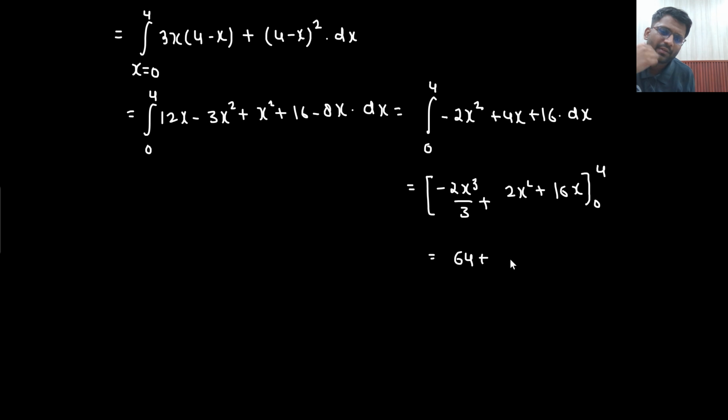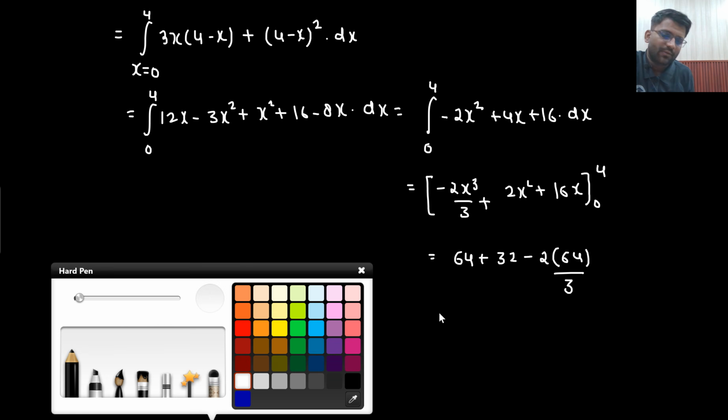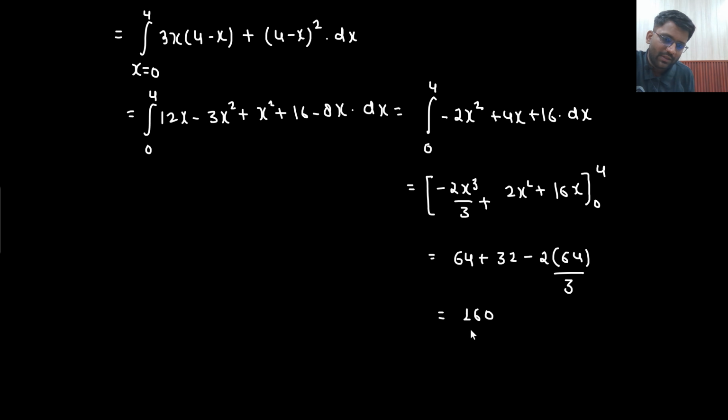That is 64 by 3 plus 32. So this will become 96 plus 64, 160 by 3. So what is the answer we are getting? 160 by 3, which is correct. I remember the answer, it is correct. So the answer is 160 by 3.